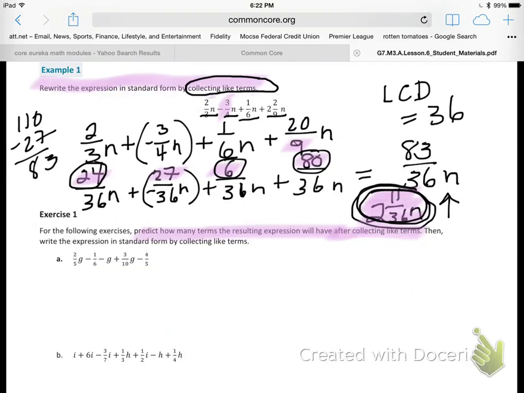If we look at A, let's just do these together, easy enough, because you can see the different types. We have 2/5 G here, we have a negative G here, we have 3/10 G there. So we know this G term is going to be there, and then we also have negative 1/6 and negative 4/5.